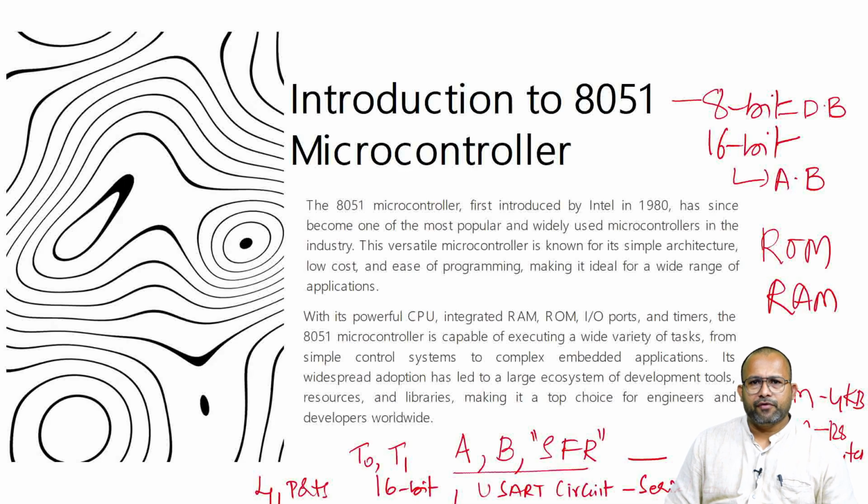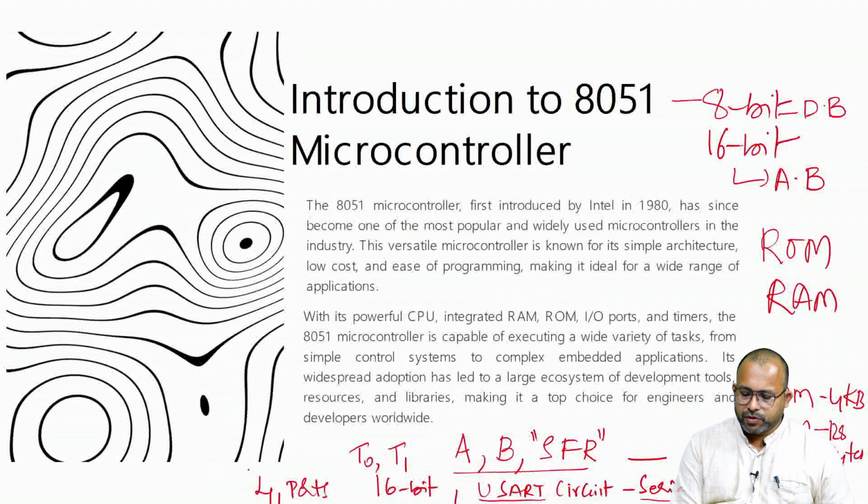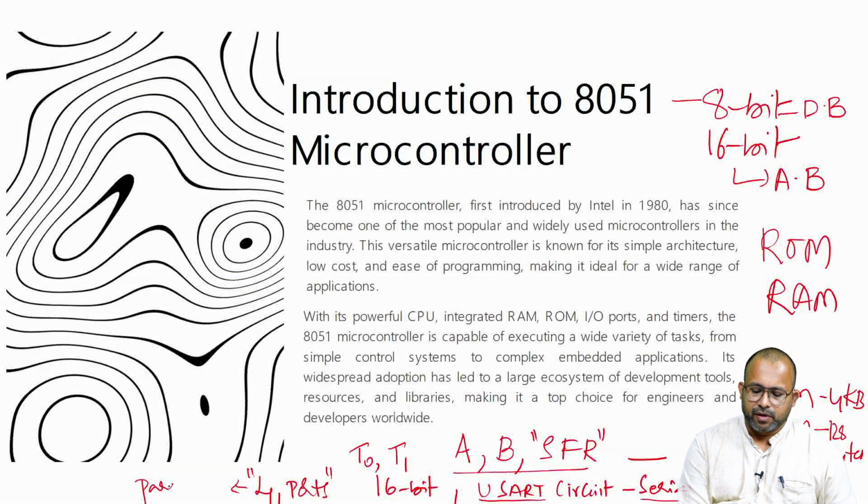It also has a USART, universal synchronous and asynchronous receiver transmitter circuit, mainly used for serial communication, and it has 4 ports, mainly used for parallel communication. So it can be used for both serial and parallel communication.